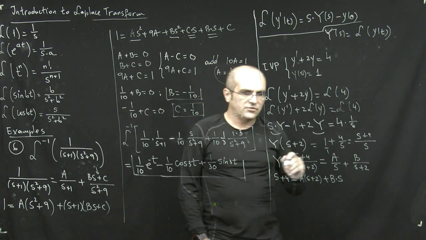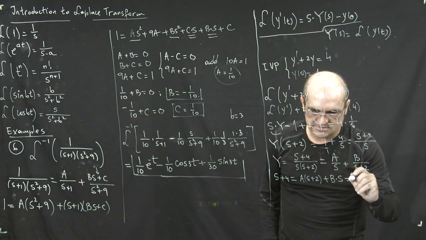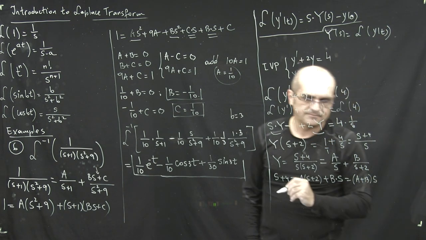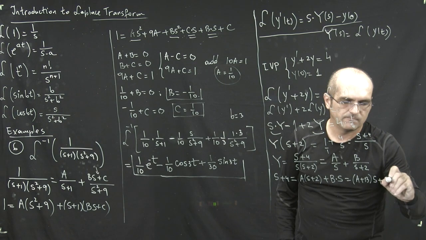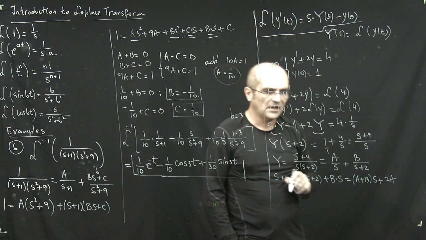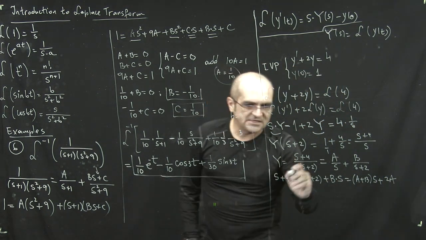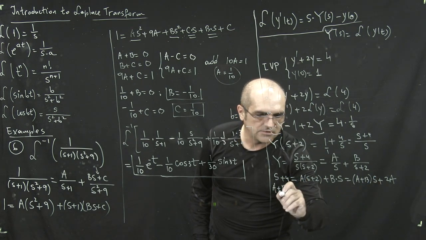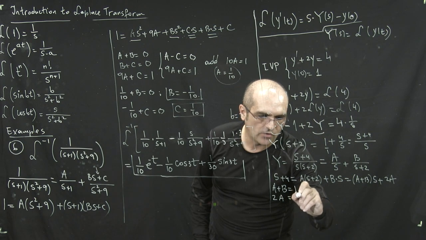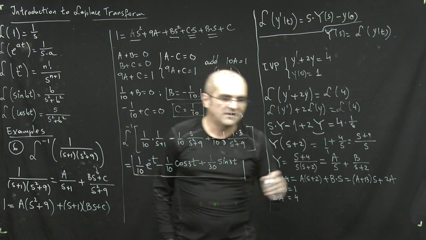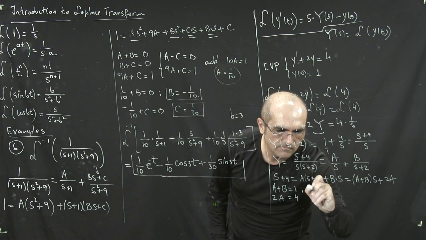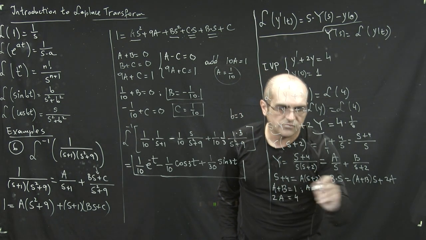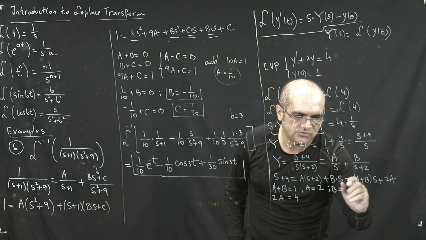If you group the terms, this becomes a plus b times s plus 2a. So I hope it's clear that a plus b should be 1, the coefficient of s, and the constant, which is 2a, should be 4. So that gives me a equals 2 and b equals 1 minus 2, which is minus 1.